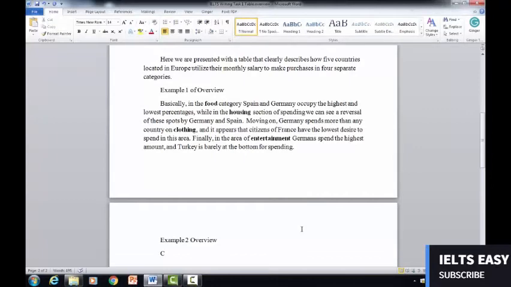We could write, in the categories of housing, clothing, and entertainment, the Germans spend more than the citizens of any other country.